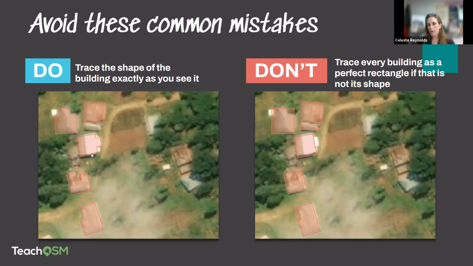Sometimes when you go into the mapping project, there are several different satellite imageries that you can choose from, and oftentimes it'll tell you, please map in this imagery, like Bing or something. And sometimes you can't, because there'll be a cloud and you can't see.